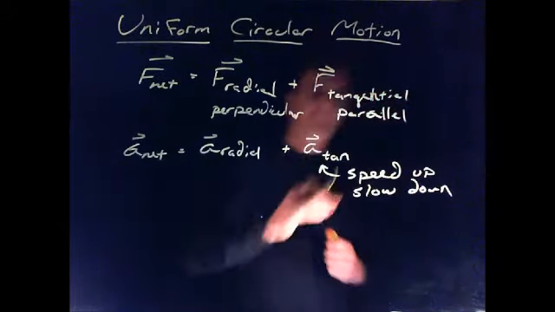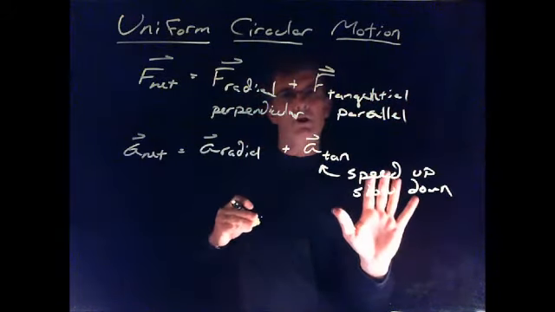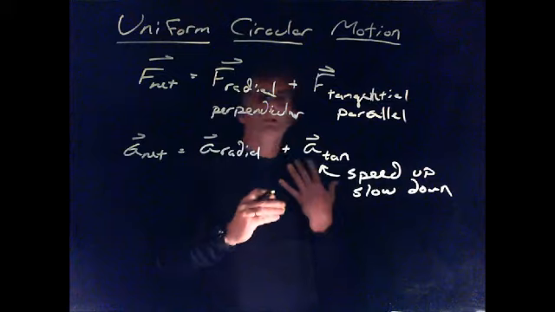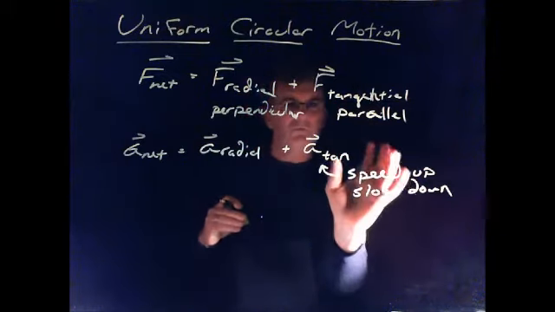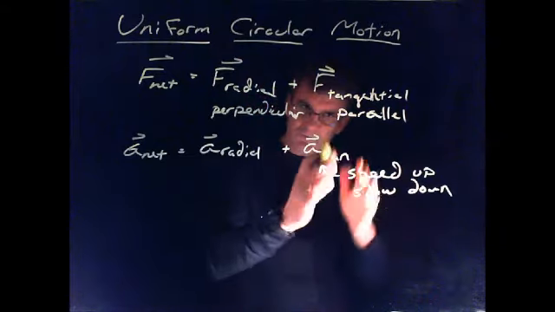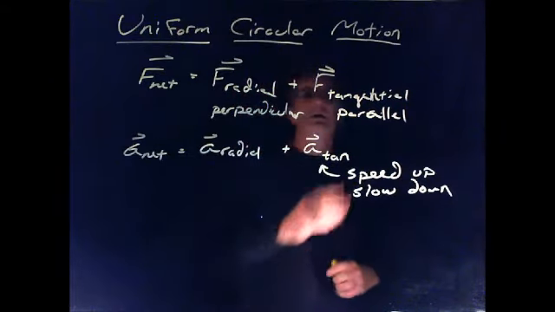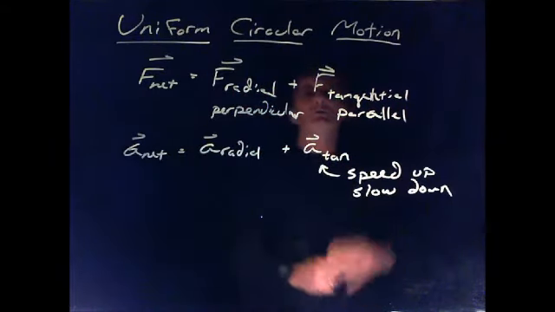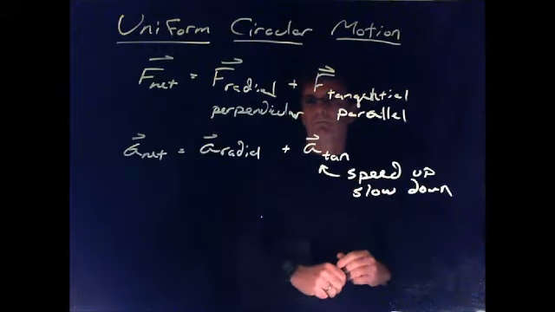Because the parallel force is either pushing it along or holding it back. So the parallel force, which results in a parallel acceleration, causes the object to speed up or slow down.